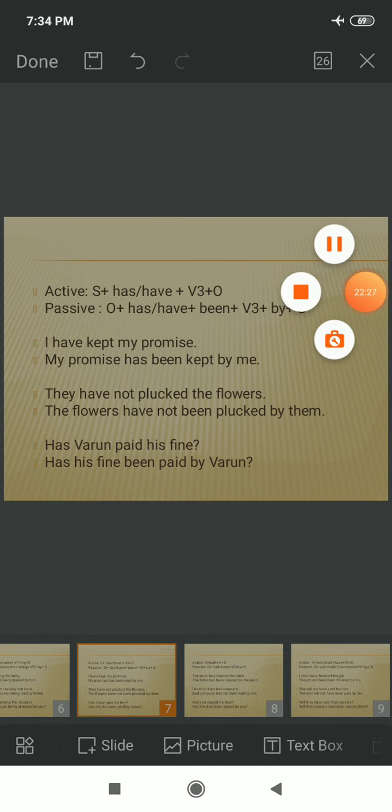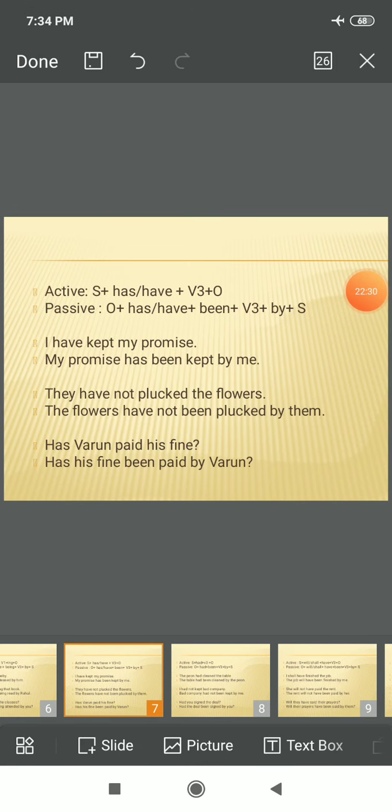Because the action has been completed, right? So what is the criteria here? Third form will remain. I told you, in active voice, if we have first form, then also it will change into third form. If we have second form in active voice, then also it will change into third form. If we have third form, then it would remain same as third form of verb.